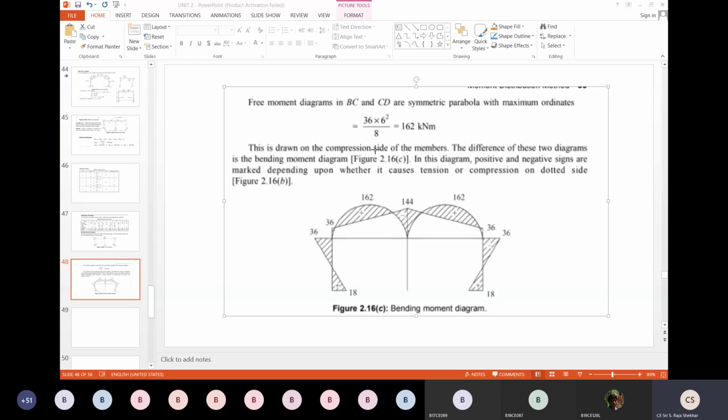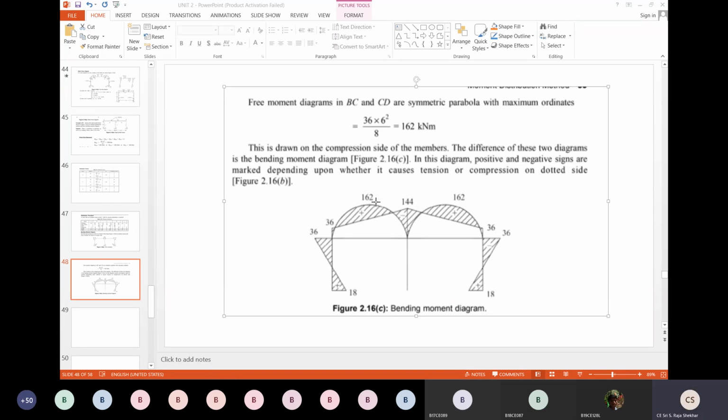Here the bending moment is 144. Here the bending moment is 36. This is 36. Again this is 18.